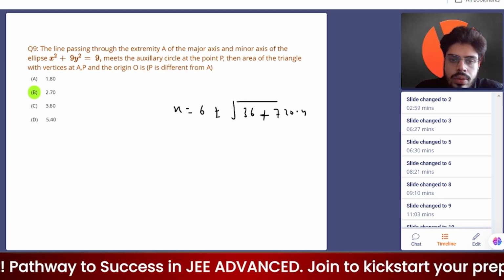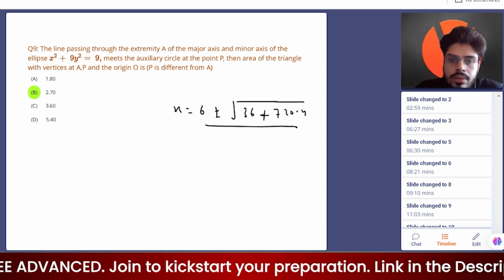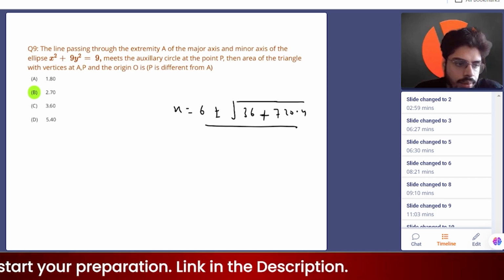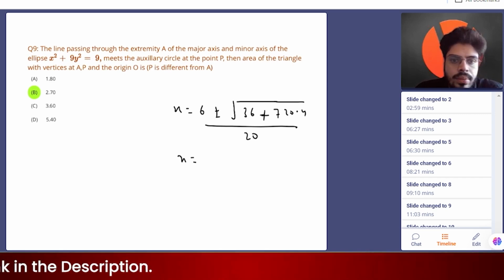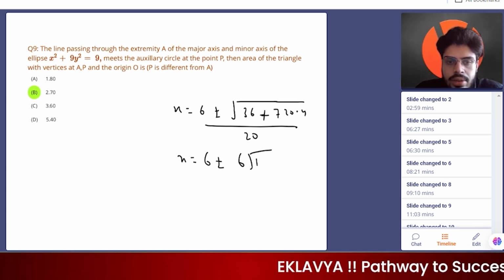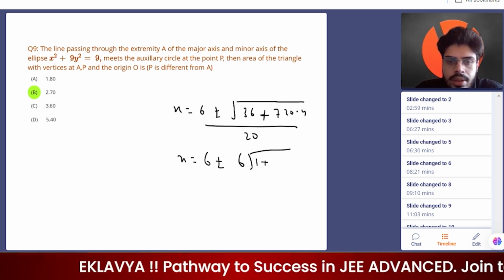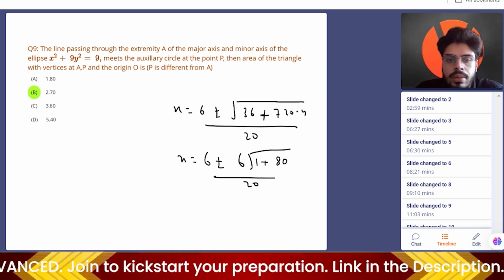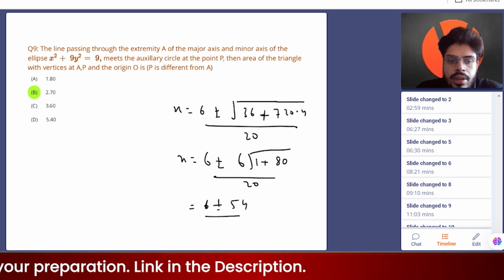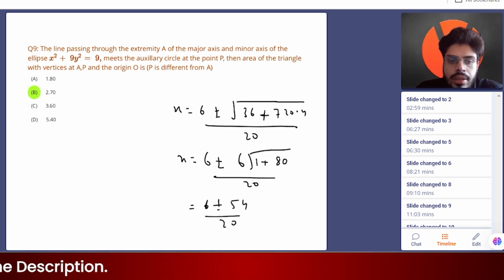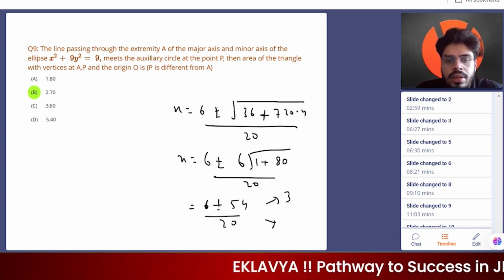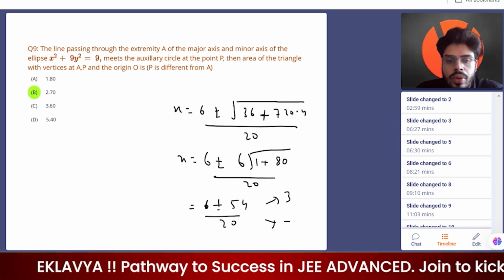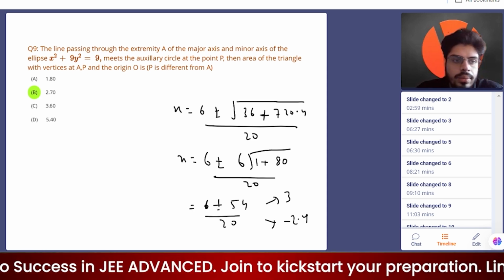That is 36 plus 4 times 10 times 72, which is 2880 plus 36. So 36 you can take common, you will get 6 outside. 1 plus 80 is 81, and root of that will be 9. So 6 plus minus 54 by 20. So if I add, you will get 3 and you will get negative 48 by 20, that is negative 2.4.